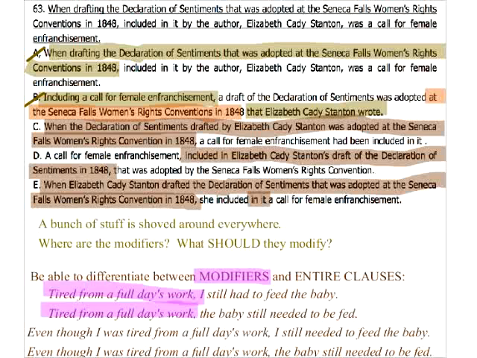Those have to actually modify stuff, and so this first one is right and the second one is wrong because the baby was not tired from a full day's work unless it was a very unusual baby. But these actually modify stuff, versus entire clauses which don't.